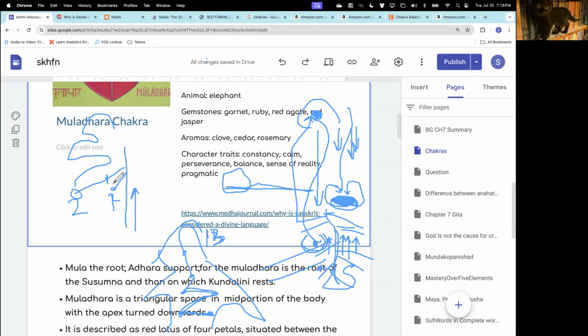And there are no side effects to this meditation. This is heartfulness meditation. So that is the fundamental difference between the traditional chakra systems versus heartfulness. I'll stop here for any questions.